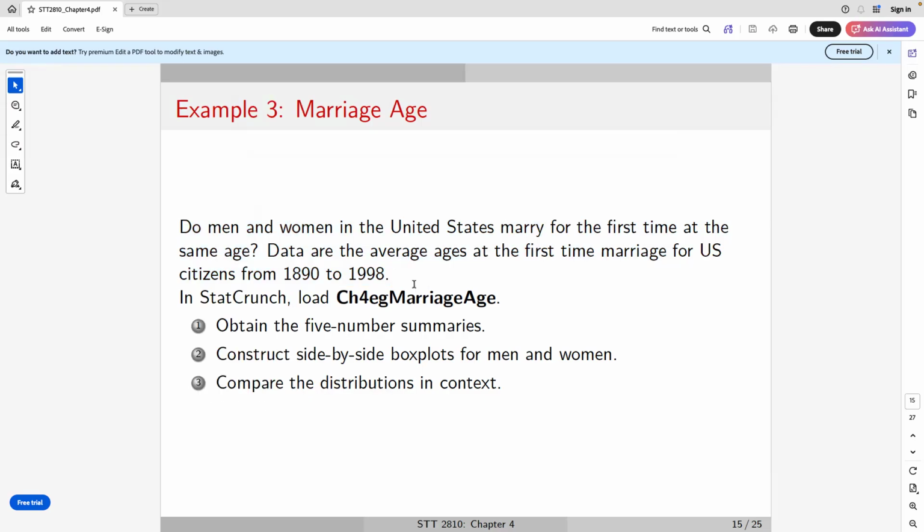The question is asking whether men and women marry for the first time at the same age. Is that okay? How do we answer that? We are going to do that in StatCrunch. So I want you to open StatCrunch and then load this data set. I have already taught you how to load data sets in StatCrunch. So please open your StatCrunch and then load this data set.